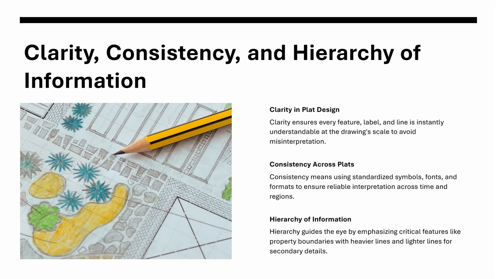And clarity is also tested indirectly on the FS exam, in sections on map scales, contour interpretation, and cartographic principles, where candidates are expected to understand how visual representation affects communication. In practice, the plat is where those principles are most consequential.